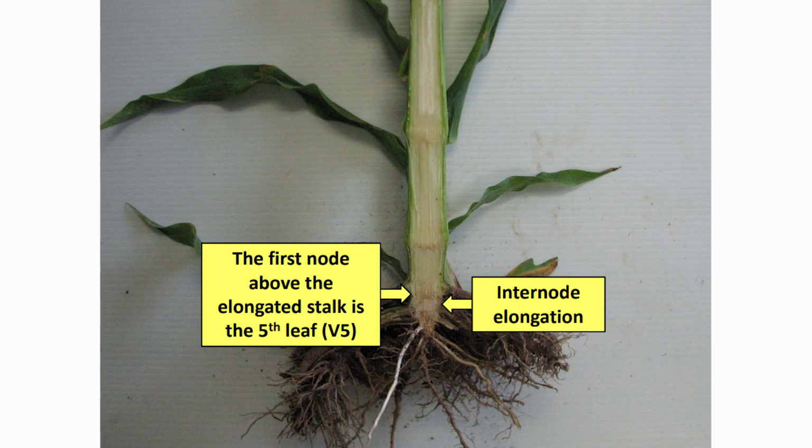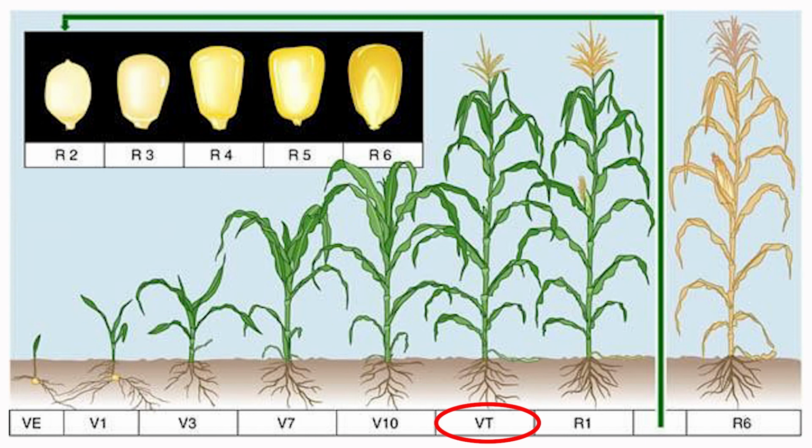We would look for the first elongated node at the base of the stem, and that would be V5. From there we would subsequently count, like we did before, collared leaves heading up the plant starting at V5. That's how we would stage up until we got to VT, which is when the tassel emerges, and R1 when we have ear development, we have silks.